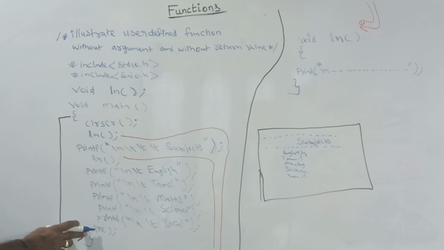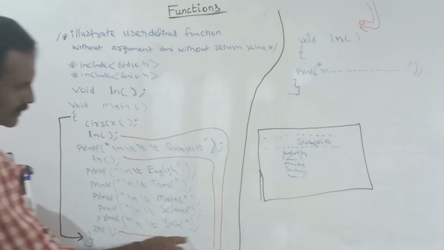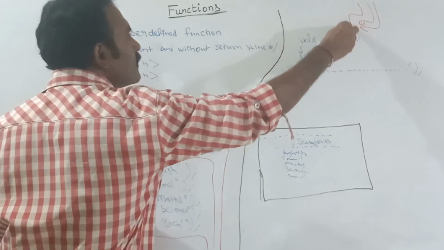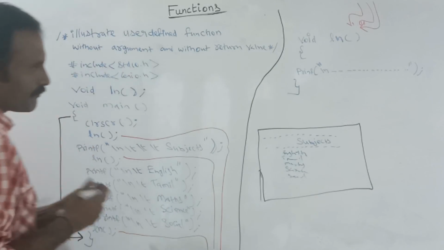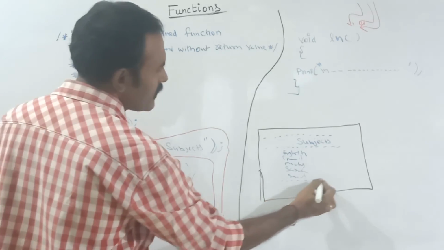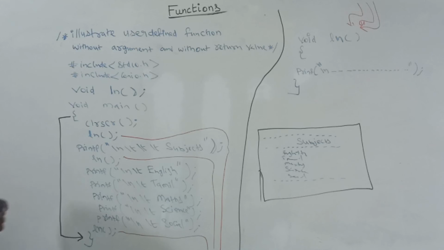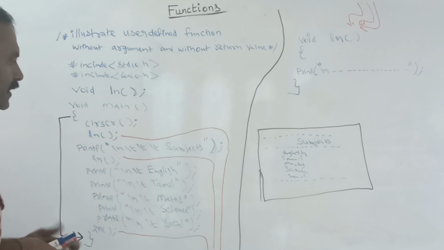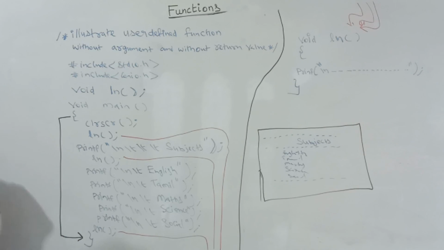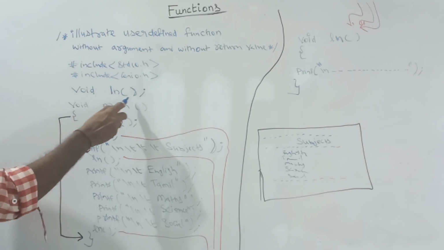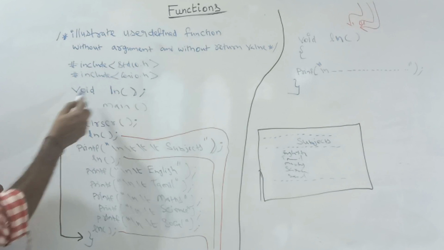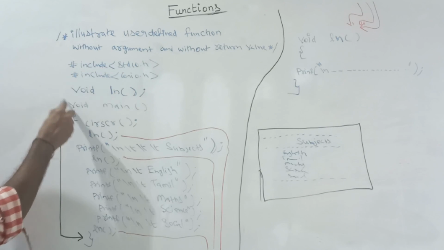After completing, at last I again call the ln function. So in this ln function, totally 3 times I am calling. Each and every time it will draw the line. 3 times I have called, 3 times the line will be drawn. So this is the function without argument. In the ln function there is no argument, and at the same time no return value.